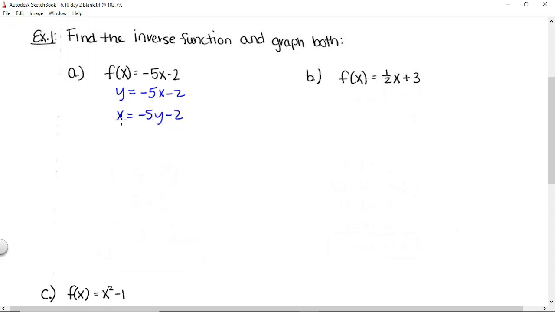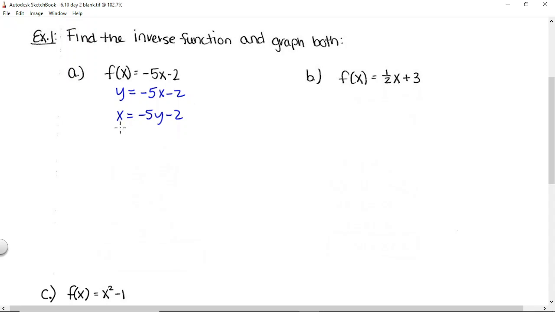And this could be thought of as the inverse function already, in the sense that we could use this to get an output value for any x that we plug in. We could plug in the number 2, for example, for x, and then we could solve this for y. We would have to solve it, right? Because y is not by itself on one side of the equation. But once we solved it, we would have our output.